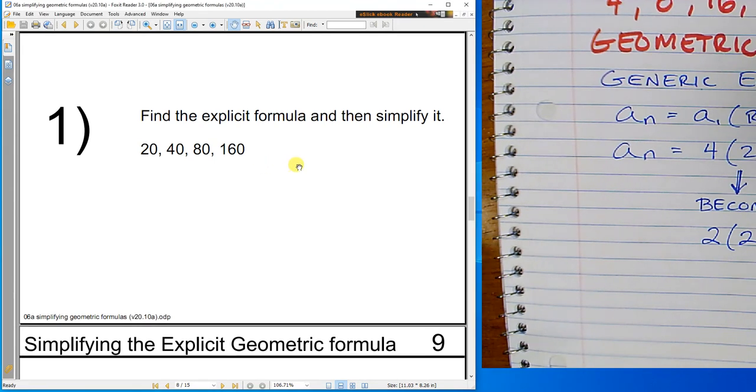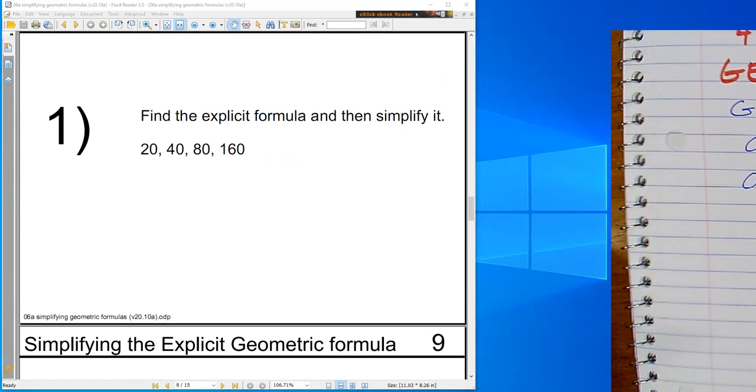Find the explicit formula for this. We're going to do both the unsimplified and the simplified. a sub n equals the value of the first term times the ratio to the n minus 1. That's unsimplified.